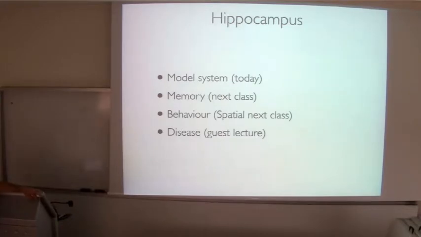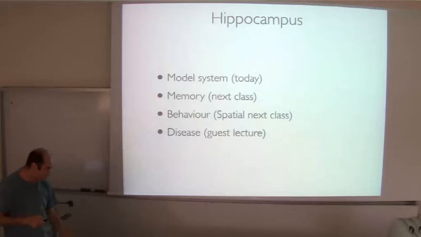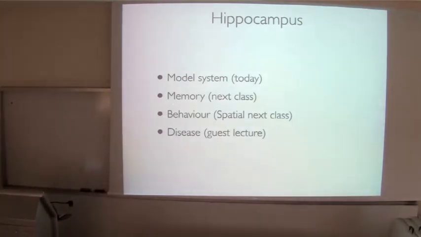By kind of accident, people realized that it's very important for memory, and then there's a whole different aspect of the hippocampus. So I think you would hear about it under this context a lot. And then the rest is more under, just because it's a good model system.